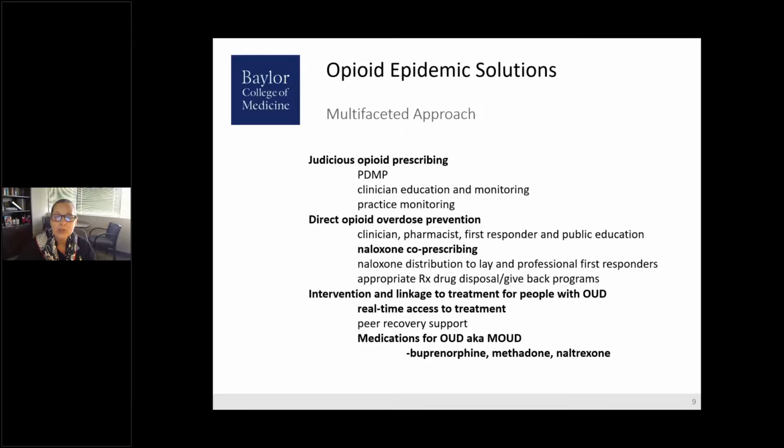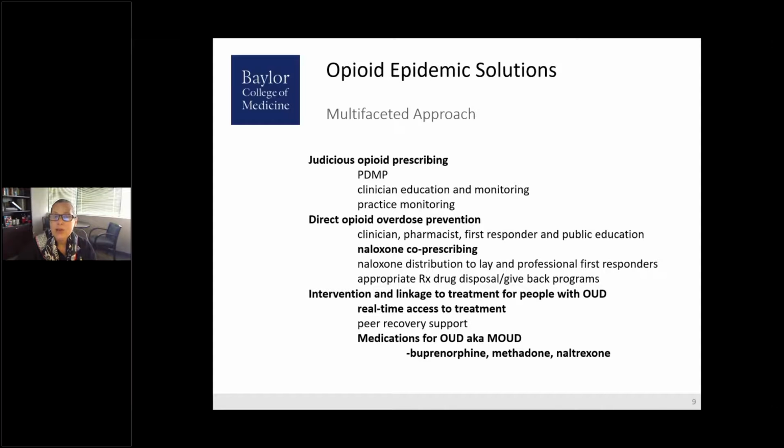And that means real-time access to treatment, not, you may have just suffered an overdose, come back, it was an effective response, and you're ready to engage in care, but that's going to be 3 or 4 weeks down the road. It's really about trying to get these individuals into care right away.